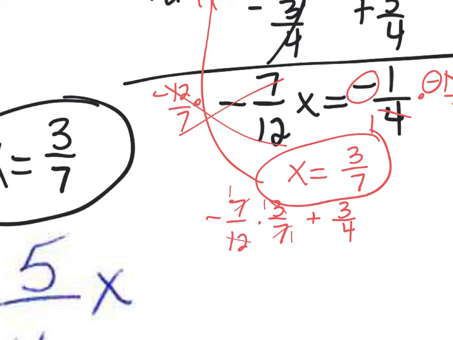That's a 1, and that's a 4. Negative times a positive is a negative, and I get 1 times 1 is 1 over 4 plus 3/4. What do I get when I add those together? 2/4. Is that the same as 1/2? Yep. So it checks.